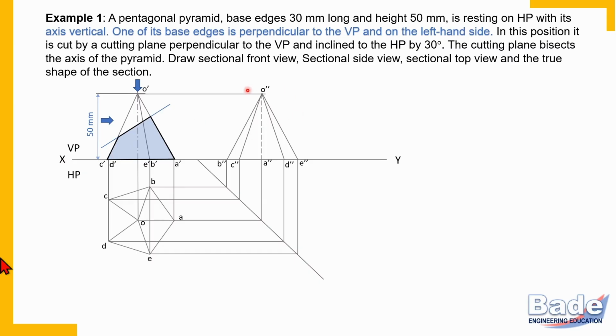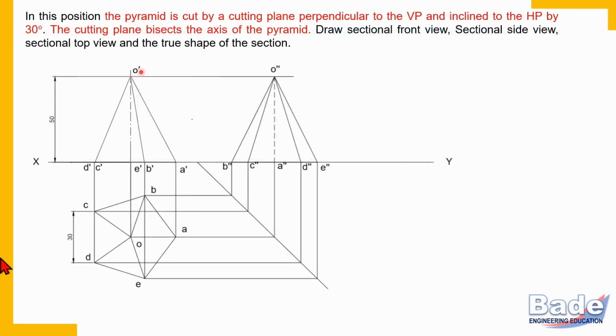Of course, if side view is not asked, then you may draw cutting line in this orientation also. Okay. Now, but in this problem, this is the correct orientation of the cutting plane. Now we'll draw cutting plane in proper order, in correct position. So this is the given position of object, and the pyramid is cut by a cutting plane perpendicular to VP.